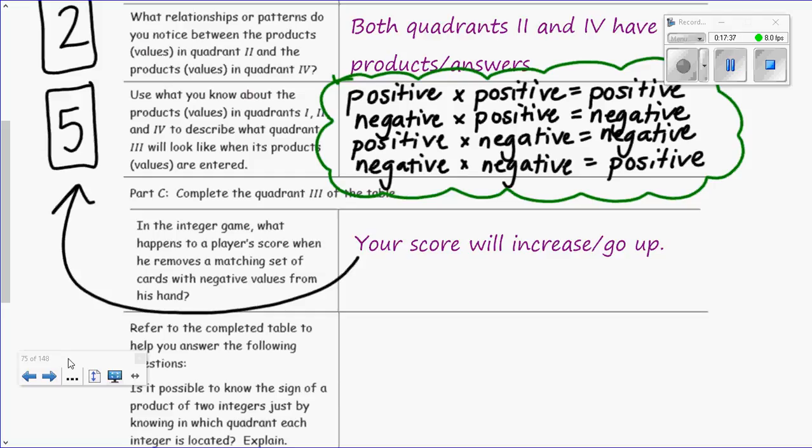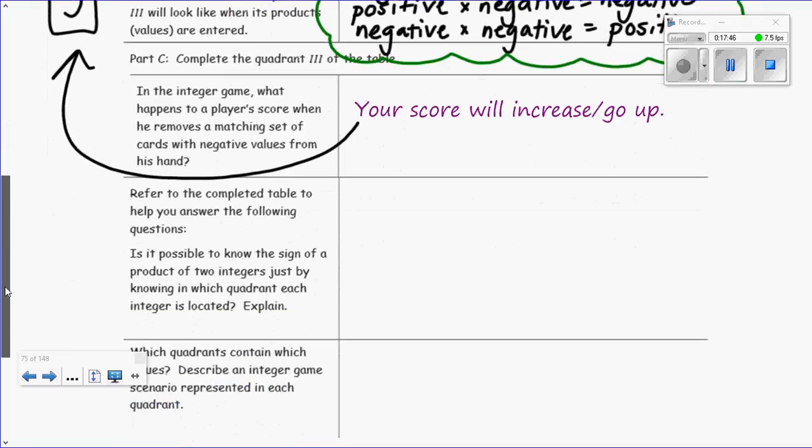Is it possible to know the sign of a product of two integers just by knowing in which quadrant the integer is located? Okay, or it's like saying if you know the signs of the two numbers, can you figure out what the sign of the answer will be? And the answer is yes.